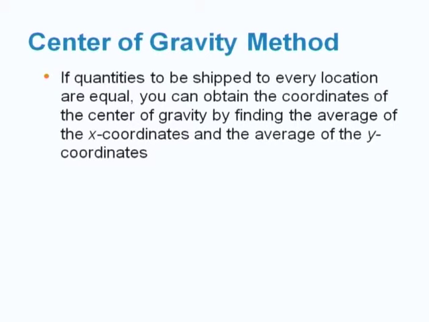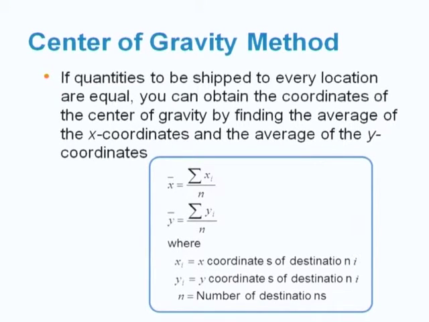If quantities to be shipped to every destination are equal, you can obtain the coordinates of the center of gravity by finding the average of the x coordinates and the average of the y coordinates. This is the formula for the x coordinates and the y coordinates, where n is the number of destinations.